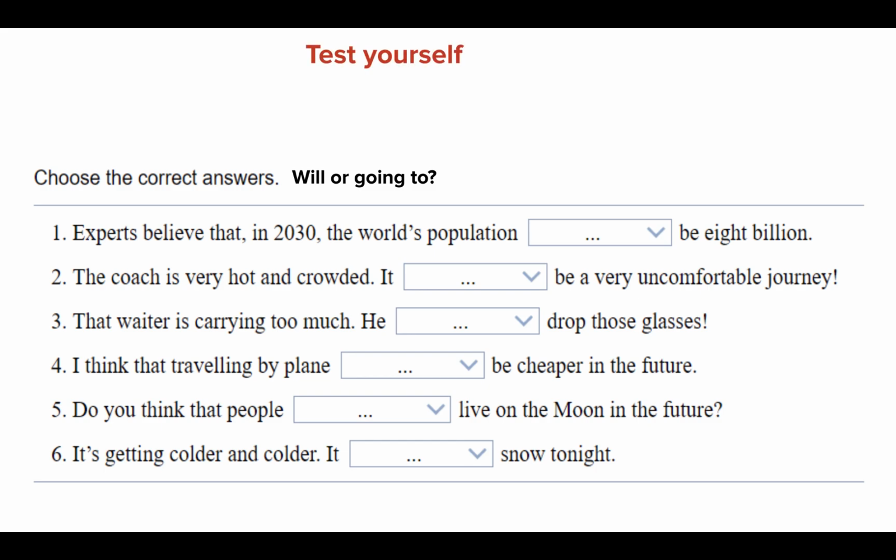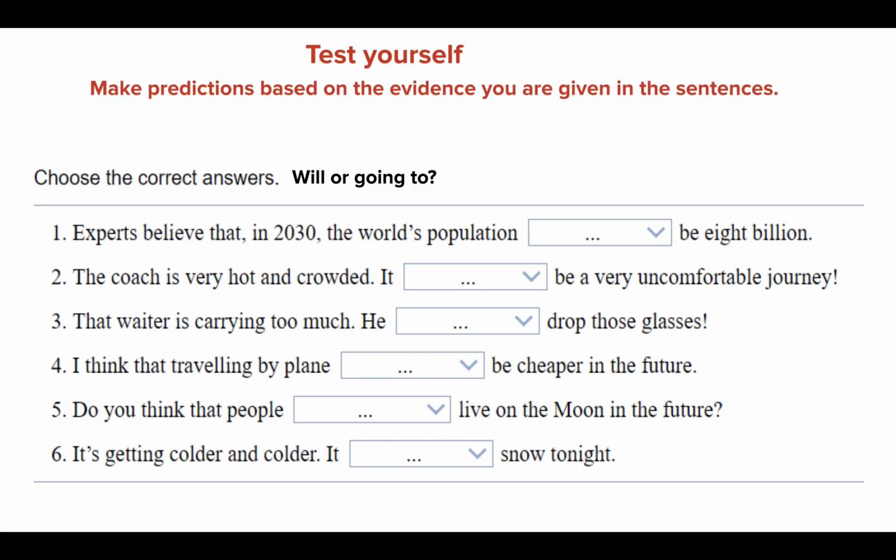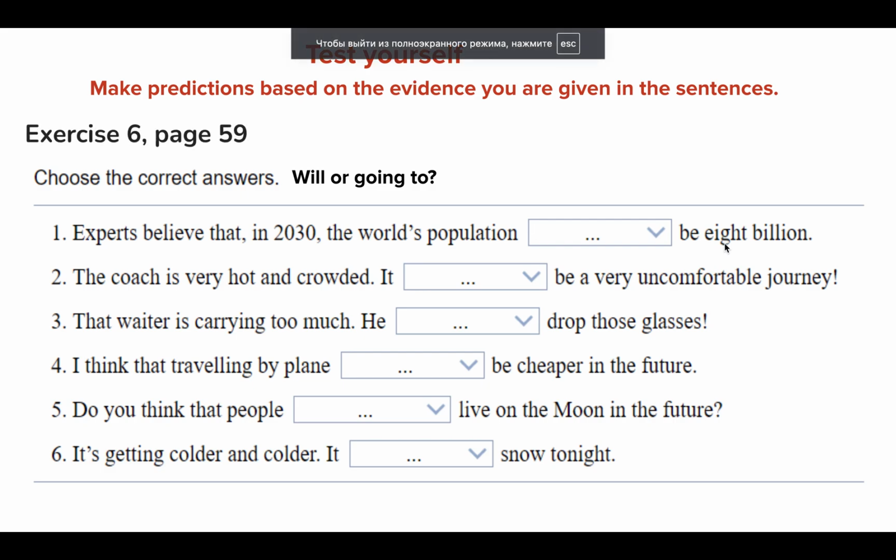Now test yourself. Make predictions based on the evidence you are given in the sentences. Do exercise 6, page 59.